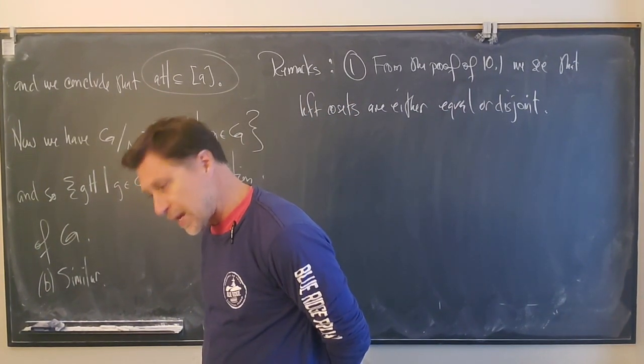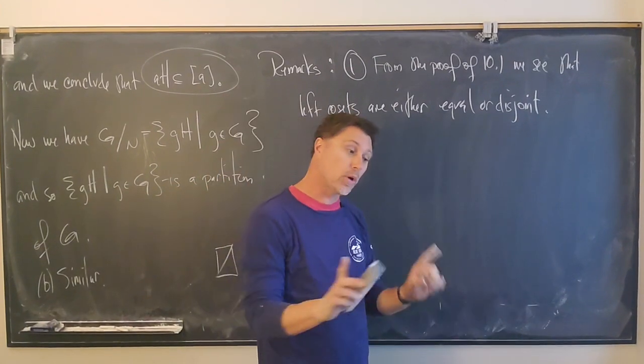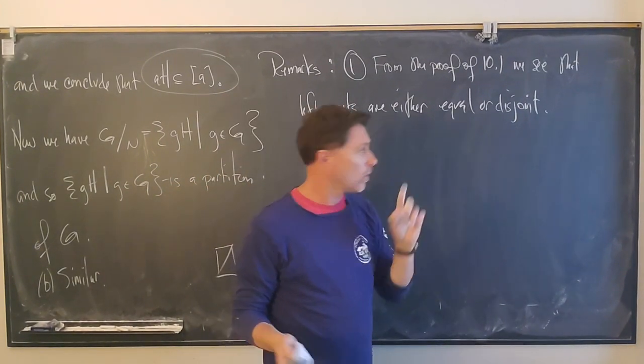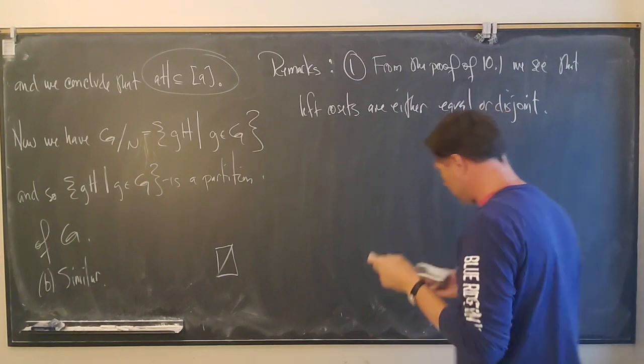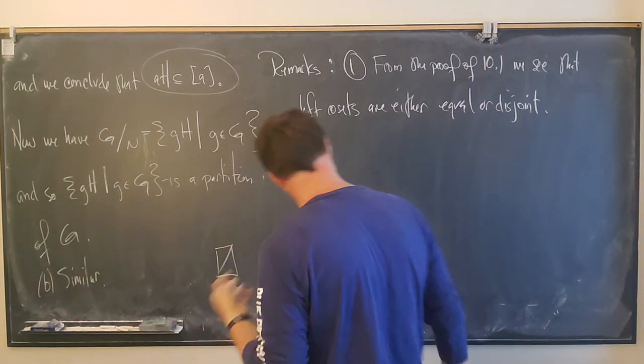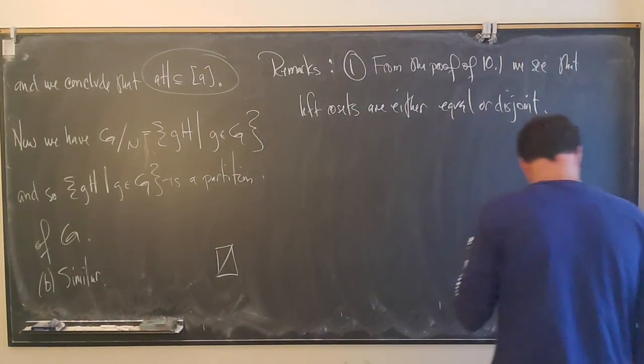And then the question becomes, how do you decide whether two cosets are equal? This is the key. This is where a lot of students get stuck because they don't remember this fact right here.